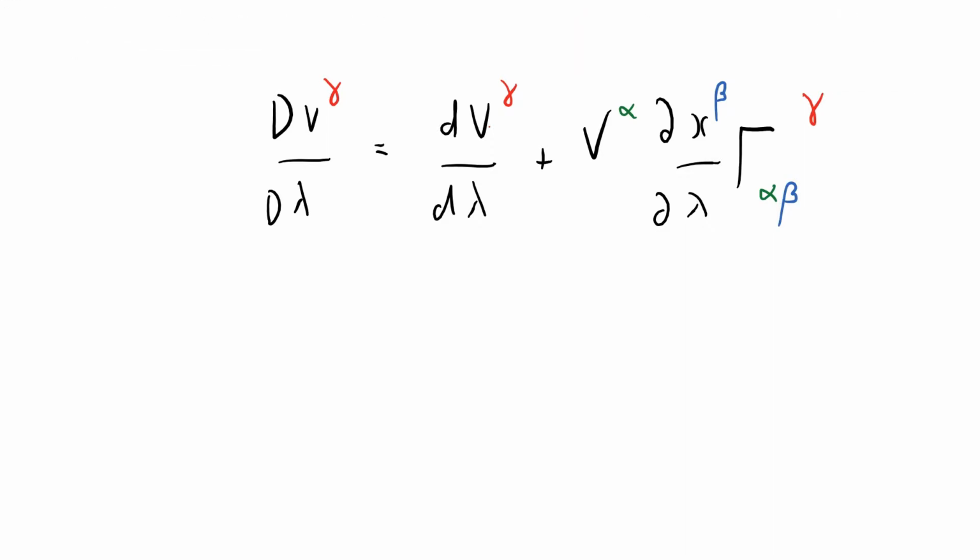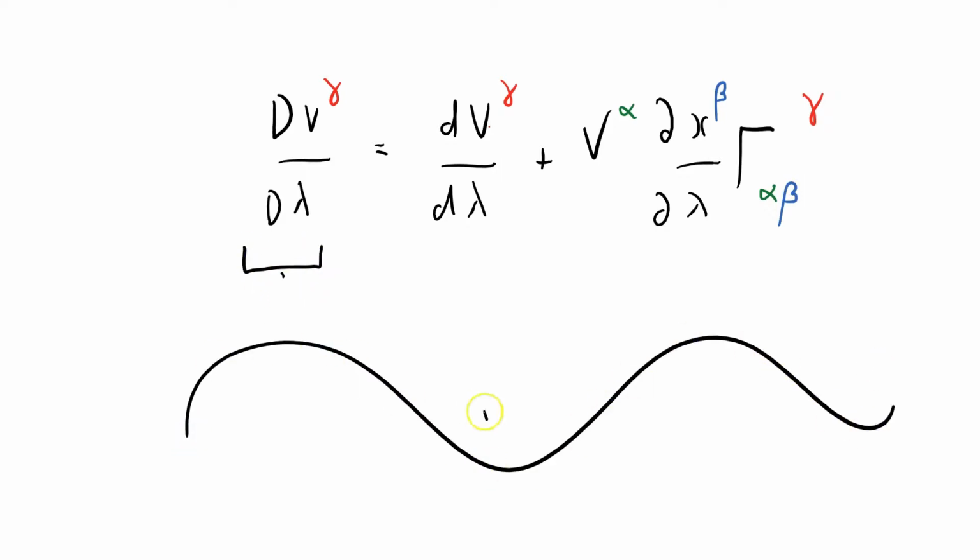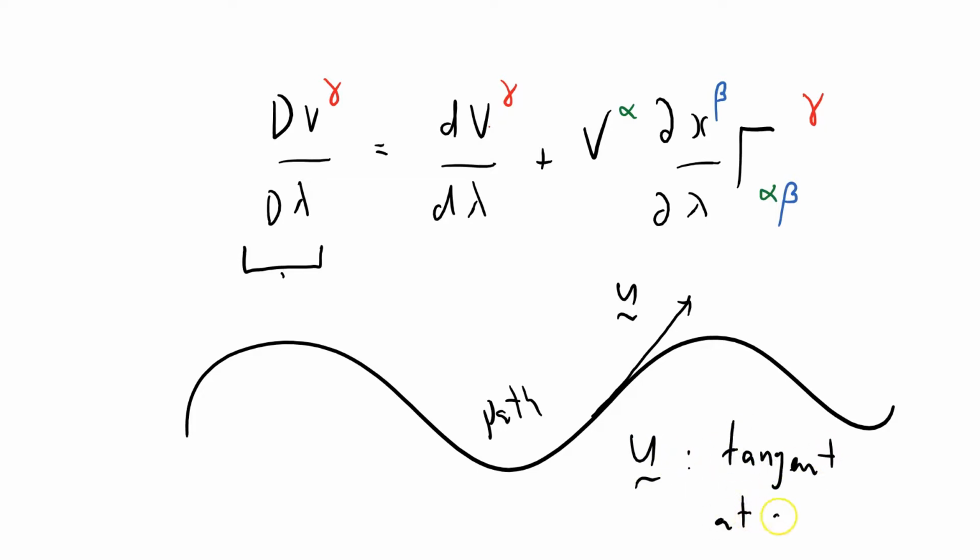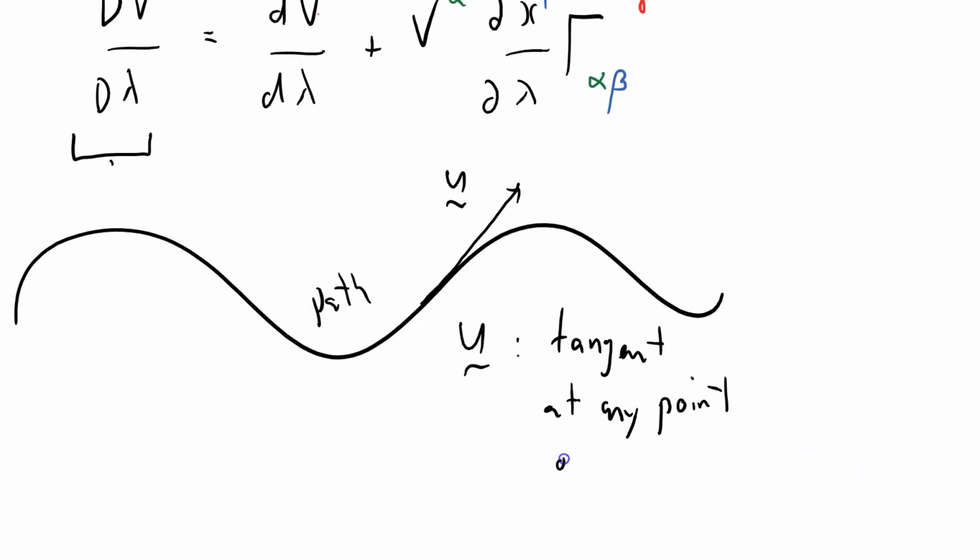Now what I'm going to do is make the observation that what this is, another way of writing, well actually, first of all, I've got my path here, and I'm going to define a vector field u, where u is the tangent at any point along the curve.